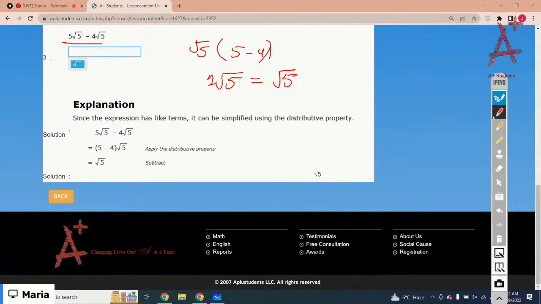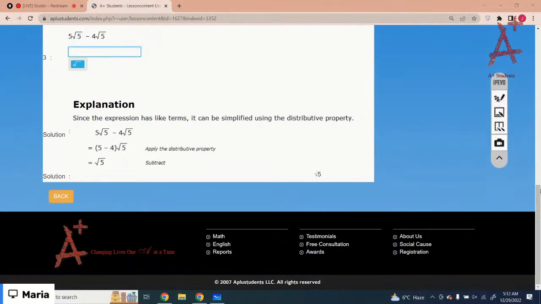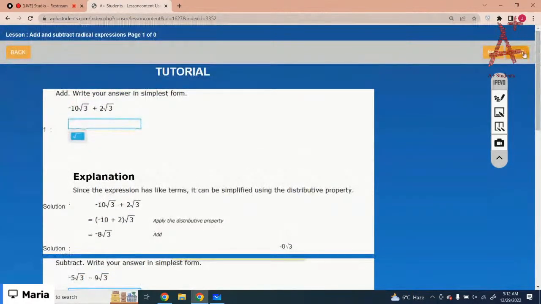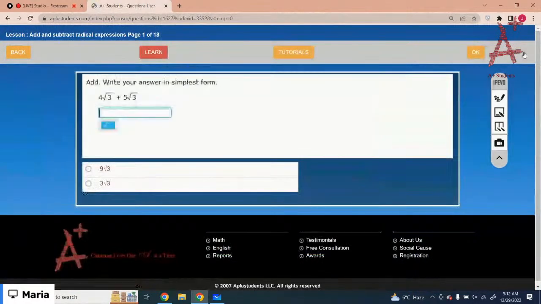Okay, let's just start with the test so that we can do practice questions. Okay, it would be 4 square root 3 plus 5 square root 3.